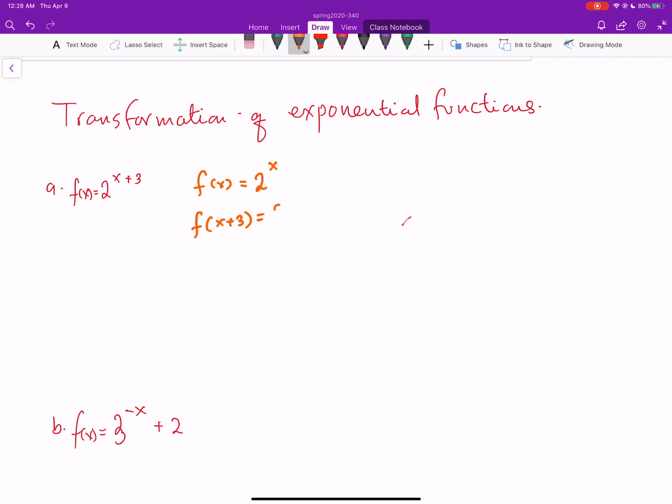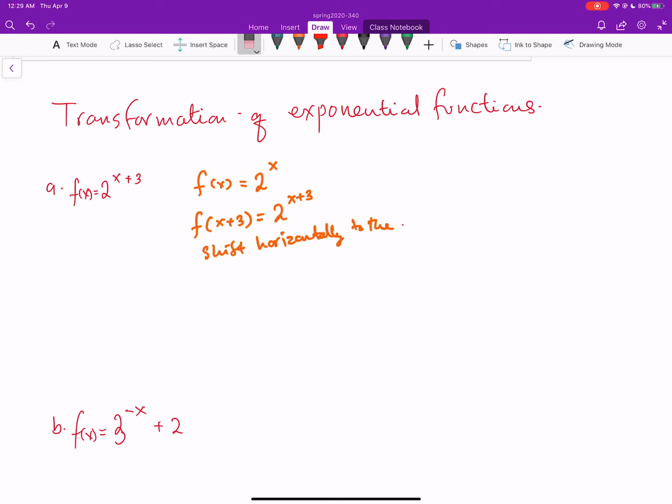So this becomes 2 to the x plus 3. So this was a shift horizontally to the left, 3 units.